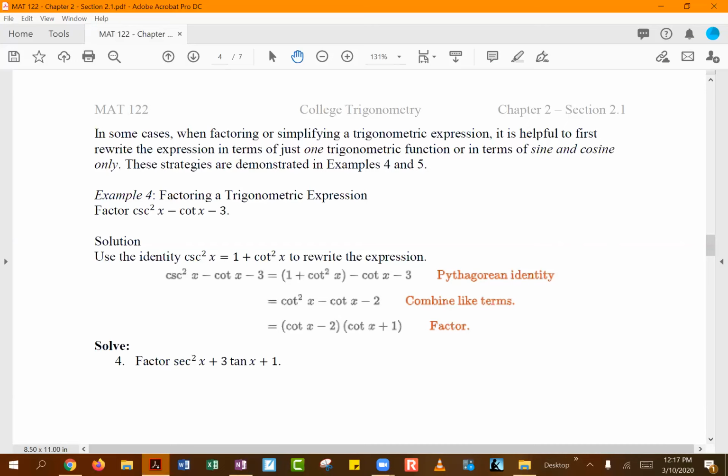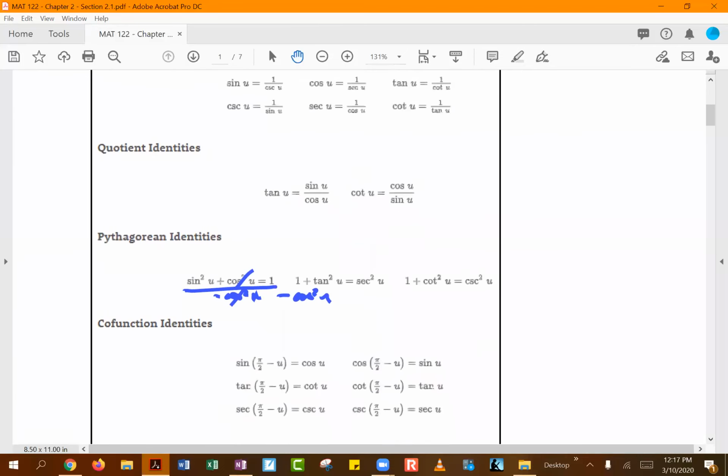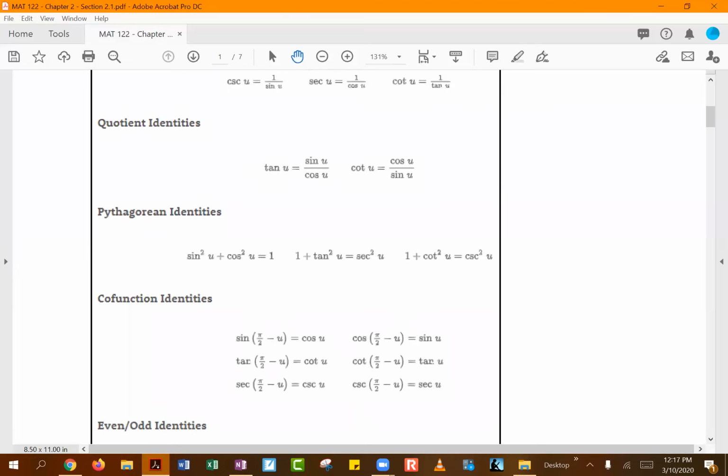And we've got something similar here where they're giving the secant squared of x plus 3 times tangent of x plus 1. So what's the relationship between secant and tangent? You can go back to that first page and look at your identities. The Pythagorean? Yeah, I would go ahead and use that one. So 1 plus tangent squared equals secant squared.